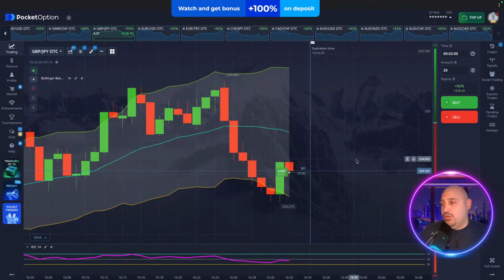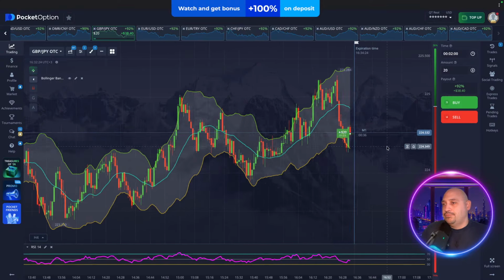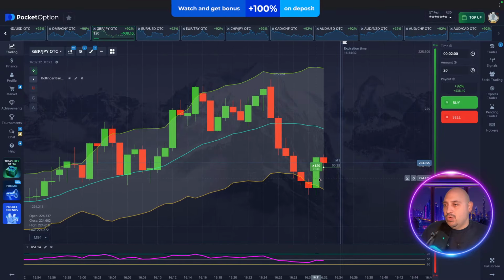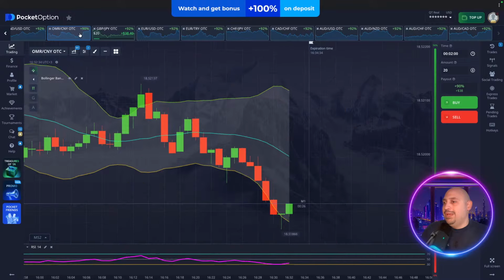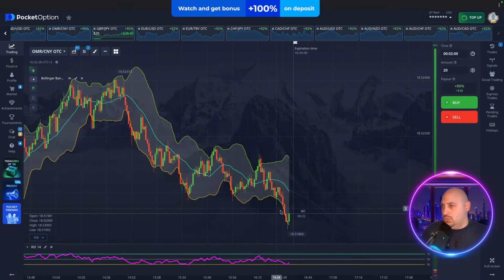Not the perfect entry, to be honest, but the overall trend is to the upside. We've already hit the bottom over here. Perfect entry would have been somewhere around here. So let's keep looking. I don't know about this one.